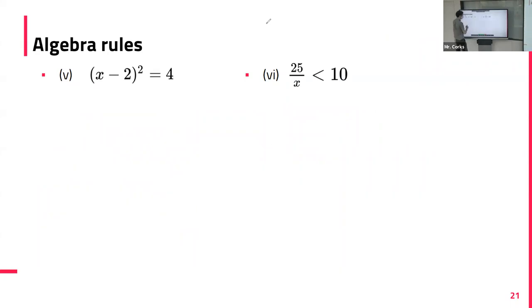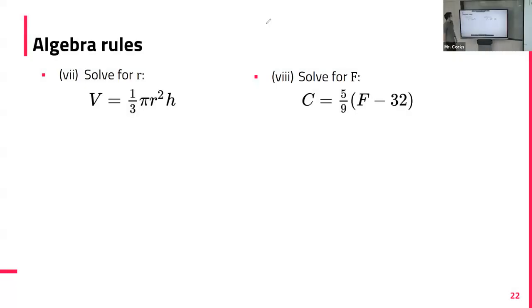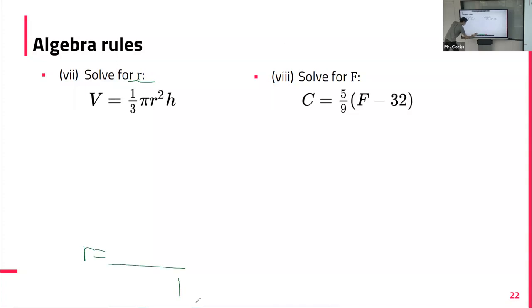Okay, and last two. The algebra happening here is not very hard, but some students just get confused about the style of the question. So solve for R. This is saying we want to take this formula here, which you may recognize from geometry, and turn this into R equals something.